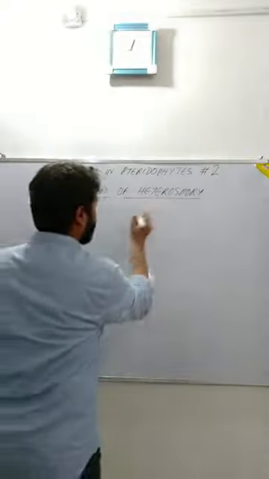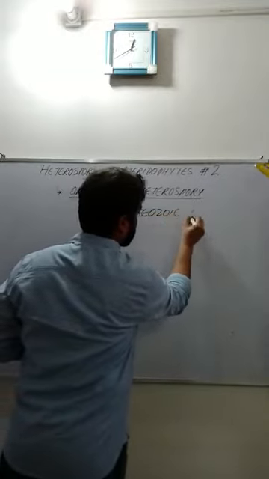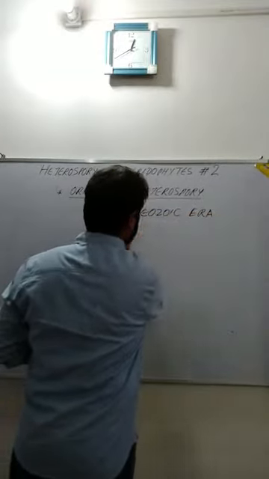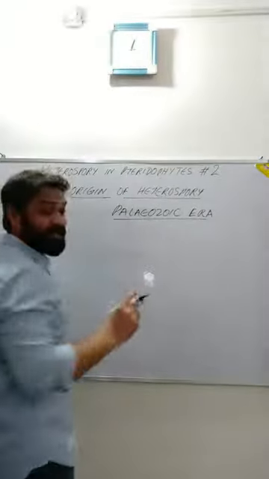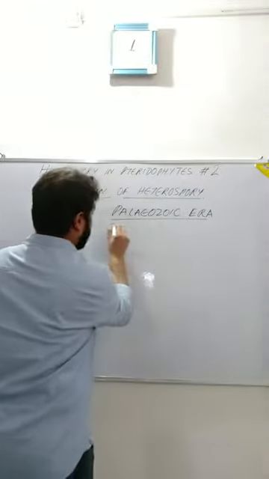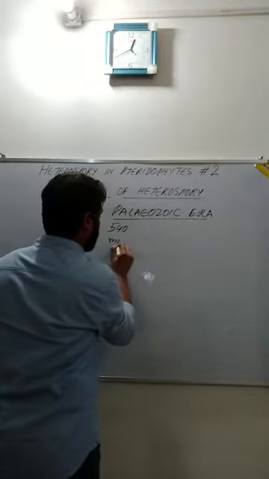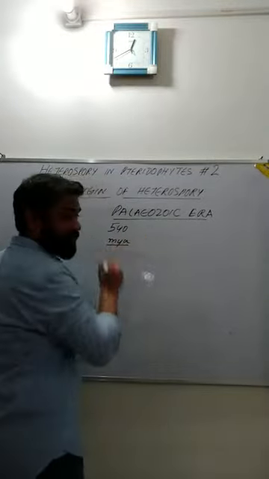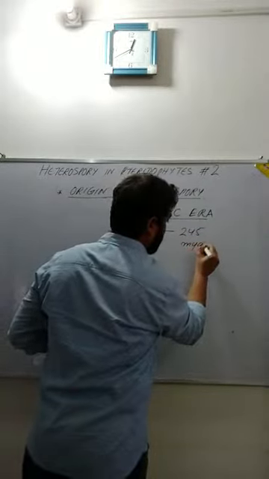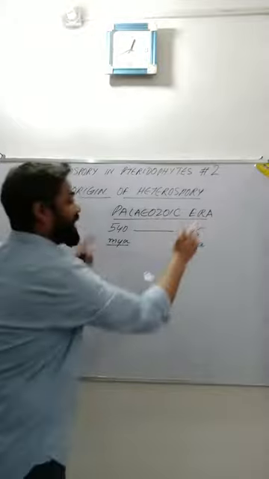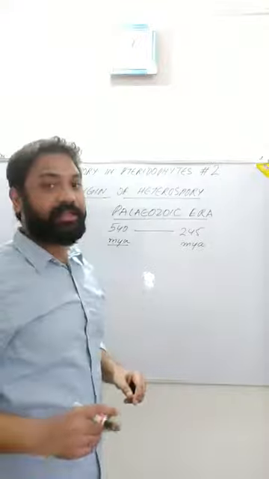So one era is important, that is the Paleozoic era. Its time frame is from 540 million years ago to around 245 MYA. This is the time frame that we call the Paleozoic era in Earth history.